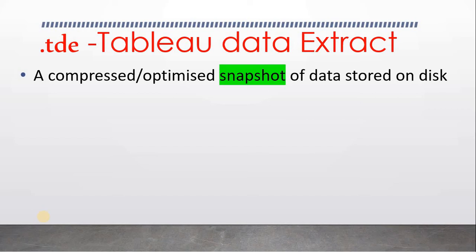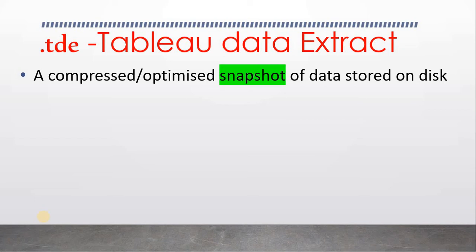This is a more technical word. You can read up on what compressed and optimized means, because Tableau changes the way it is stored from, for example, crosstab to column-based, so that we can access it easily and fast. That's what optimization means. This is more of a technological issue in data processing and storage, and it is created and stored somewhere, usually on the disk or on the network.